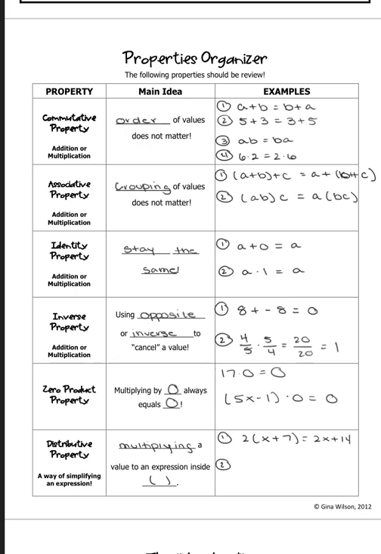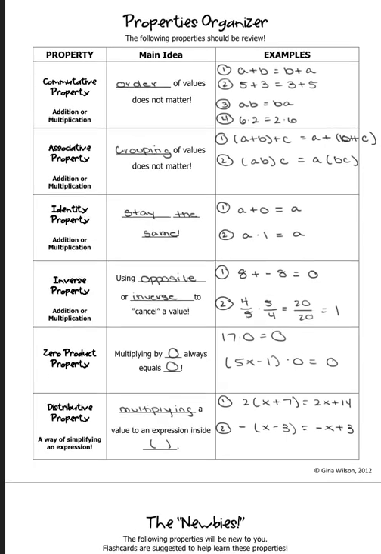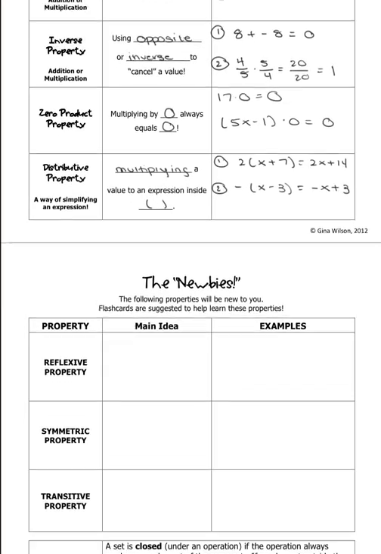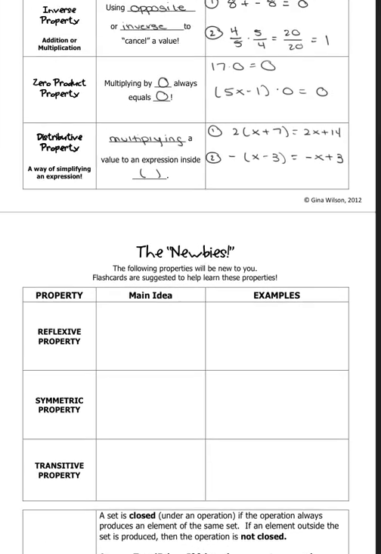Or if you have negative 1 times the expression x minus 3, you multiply everything by that negative 1, and you get negative x plus 3. At some time or another, you may have heard about or worked with these properties that we've just discussed in the past. Now we're going to get into some of our newer properties.